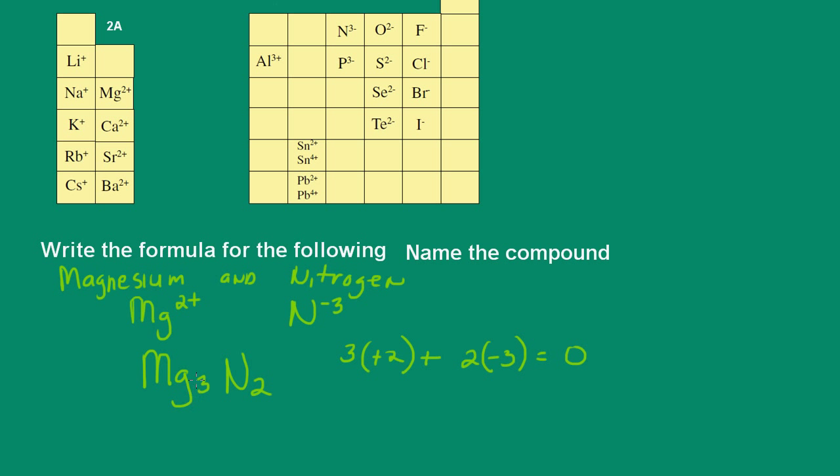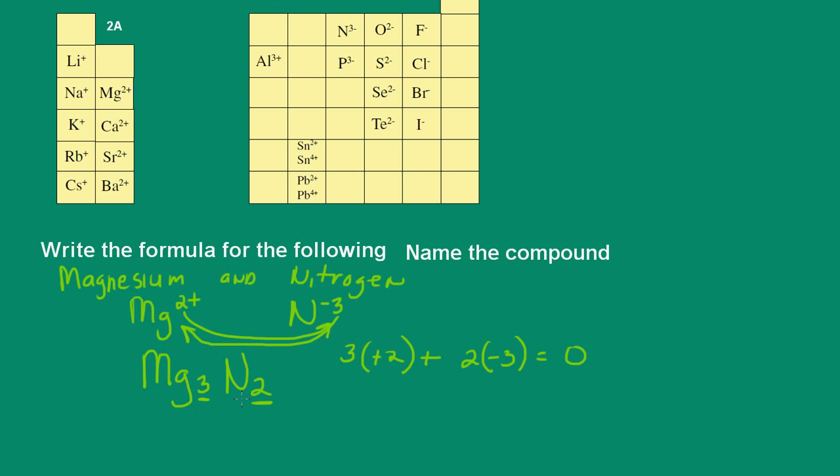So that's correct. Notice that the charge on the magnesium ion becomes the subscript on the nitrogen, and the charge of the nitride ion becomes the subscript here. Basically, I can draw these arrows to show that.